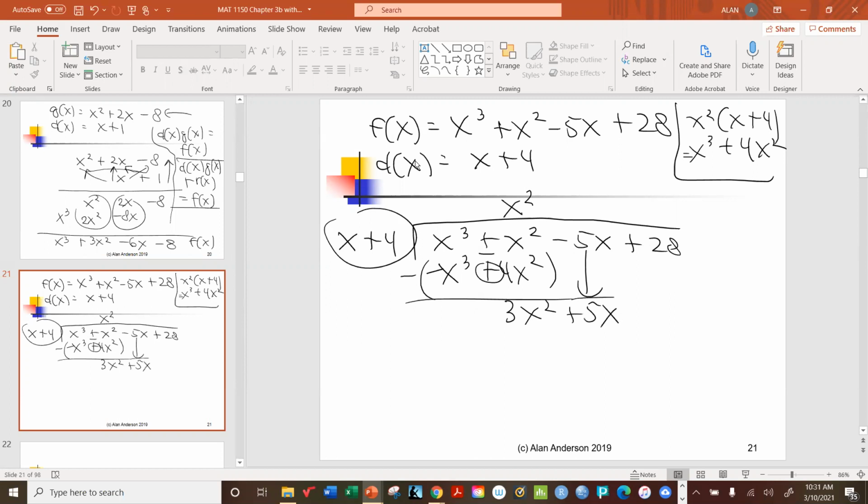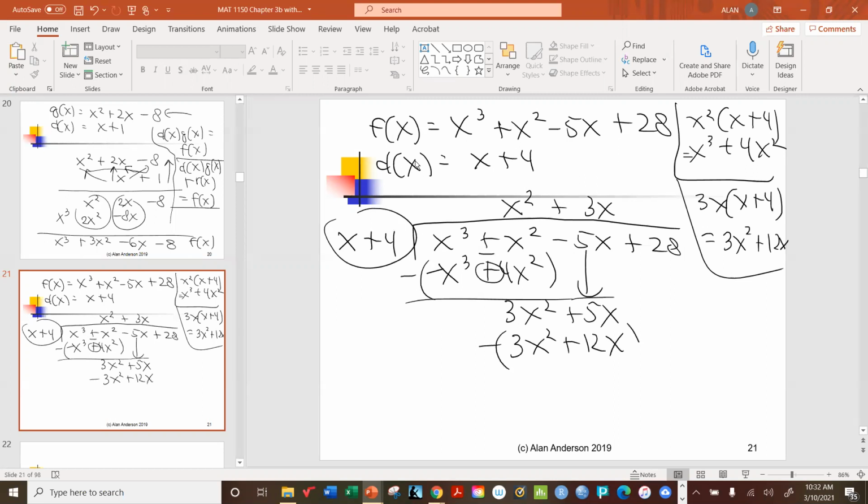Now I want to get rid of this 3x squared. Let's try 3x. Why? Because 3x times x plus 4 is 3x squared plus 12x, which I'll put right here. Again, I have to subtract, so I end up with minus 7x plus 28. How do I get rid of that minus 7x?